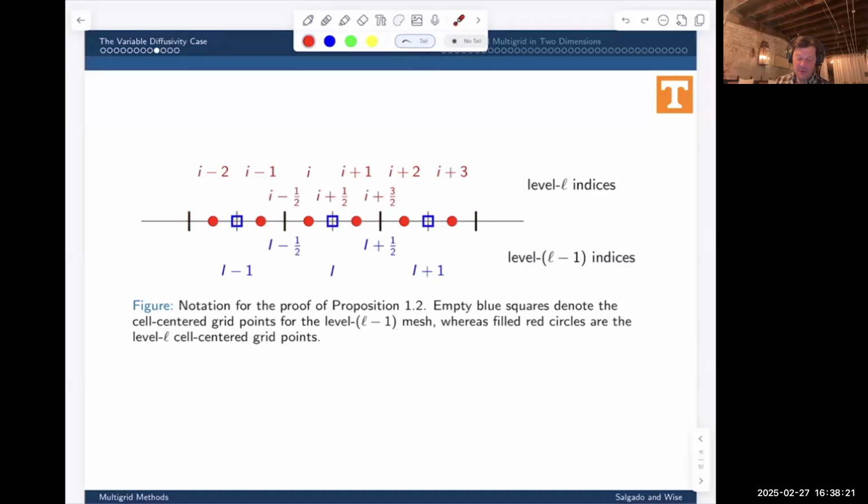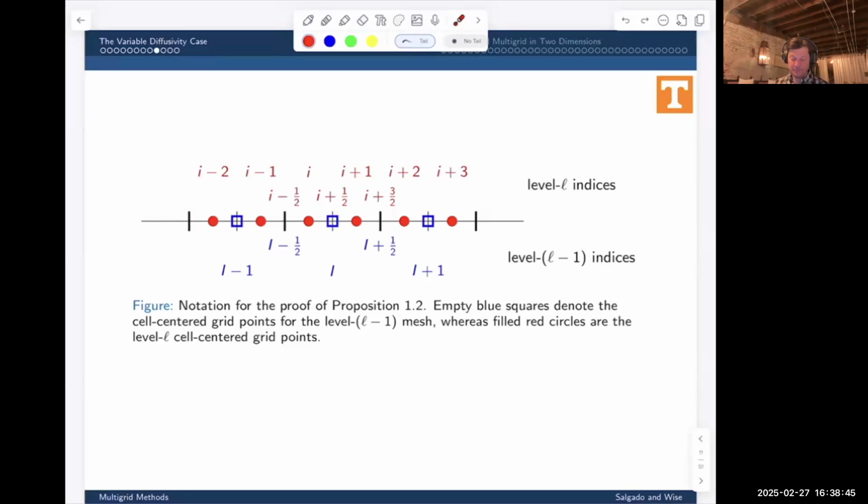So the edge-centered points don't exactly line up always, but they do at a couple of points. So the edge center point for the fine and coarse level grids line up at this point, and of course these points as well.